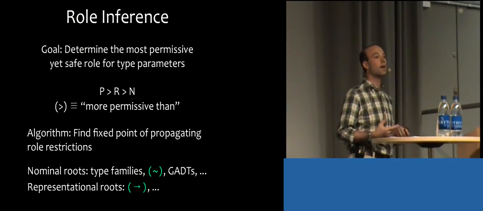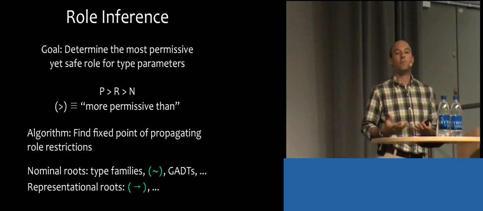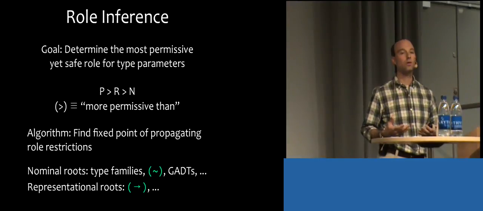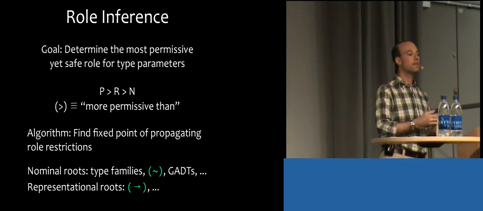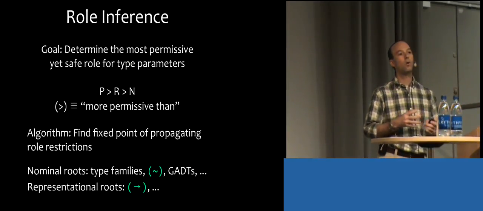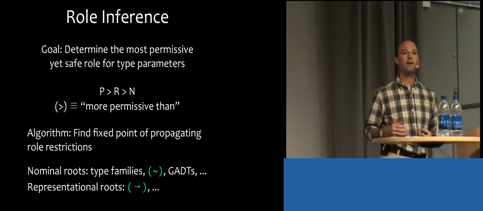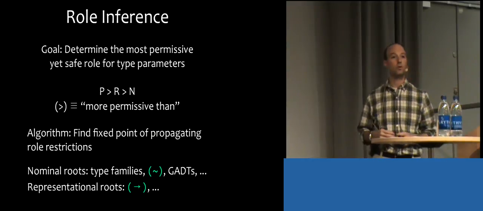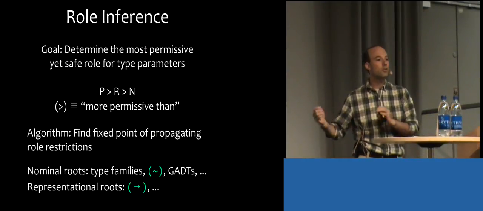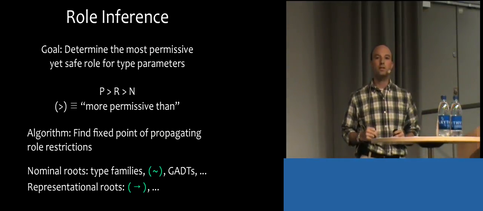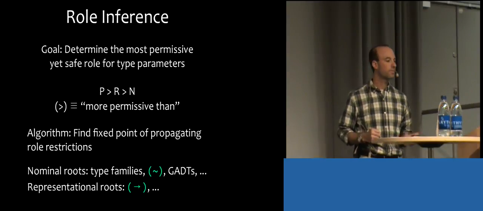If one is used in what I'll call a nominal context, then that parameter has to get a nominal role. For example, in the definition for Uh-oh, we had Uh-oh a equals F a, and so a is used in a nominal context as passed to a type family. So I'm listing that as a nominal root here. And the naive thing actually works. If we just bubble up the constraint through all the data types, we get the right roles.